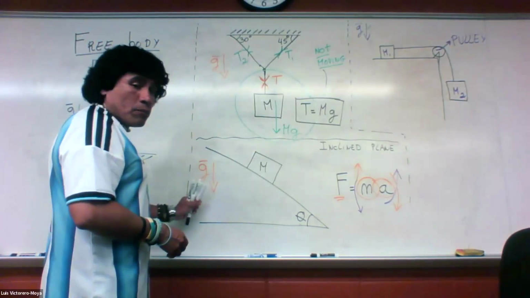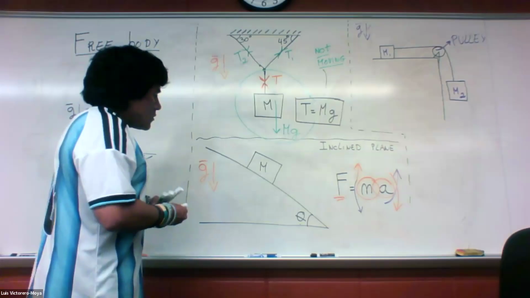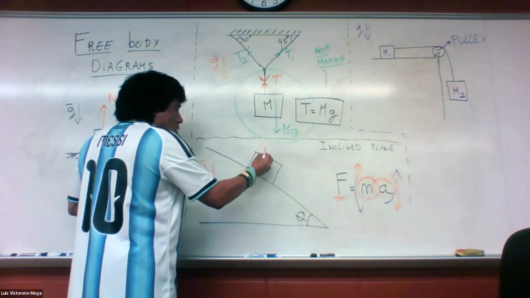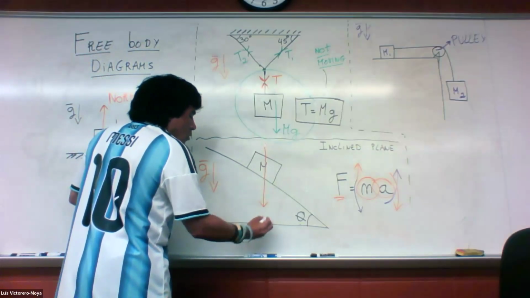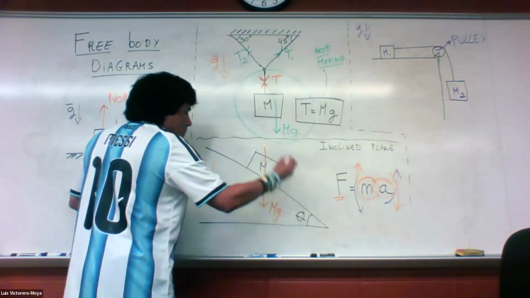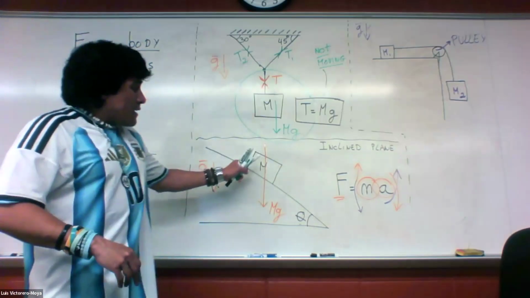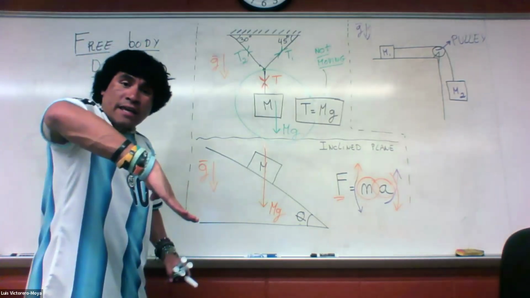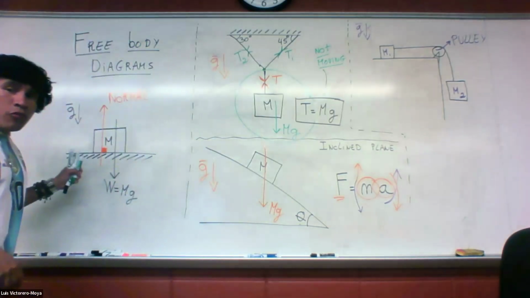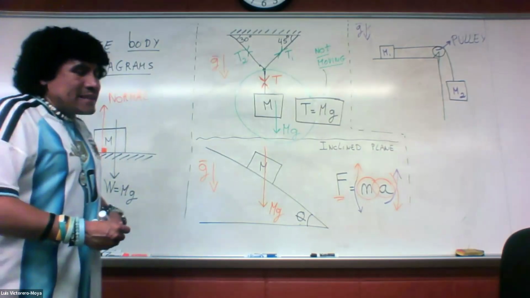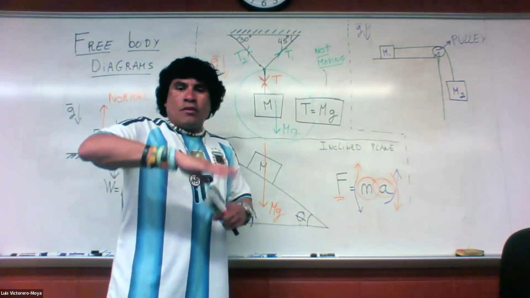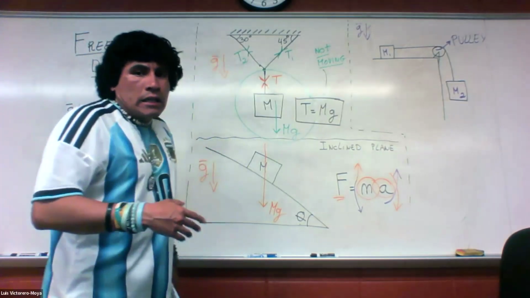Gravity is always pointing down. So I draw mg like this. The mass is on the inclined plane, so there is a normal force. But now it's not horizontal, now it's inclined.